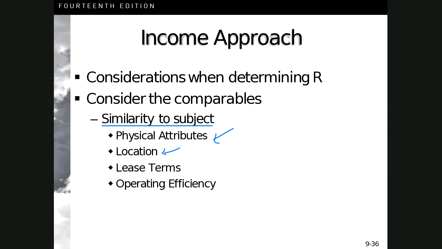Well, it's kind of true for a layperson, and location is definitely of paramount importance, but that doesn't say it's the only factor you should be looking at, right? So we should also be looking at the lease terms. Are they offering the same favorable kind of lease? Okay, the operating efficiency.